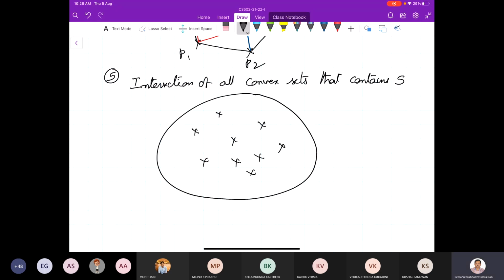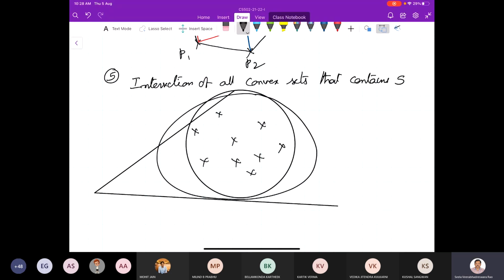Similarly, if you take a circle which encloses them, this is also another convex object which encloses all of them. Similarly, you can take some big triangle like this, which encloses all of them. So all these things are convex objects which enclose the given set of points.